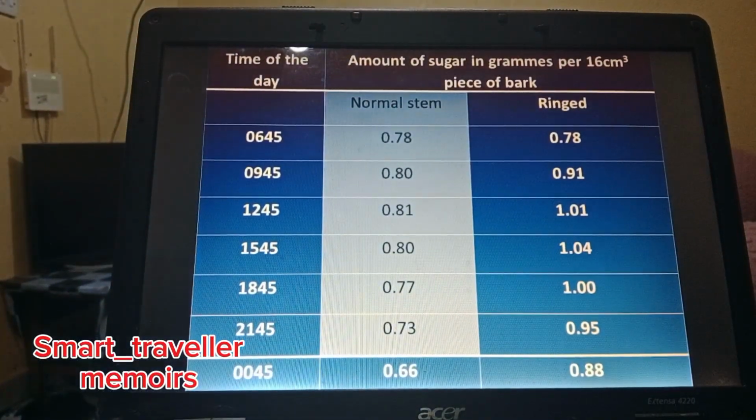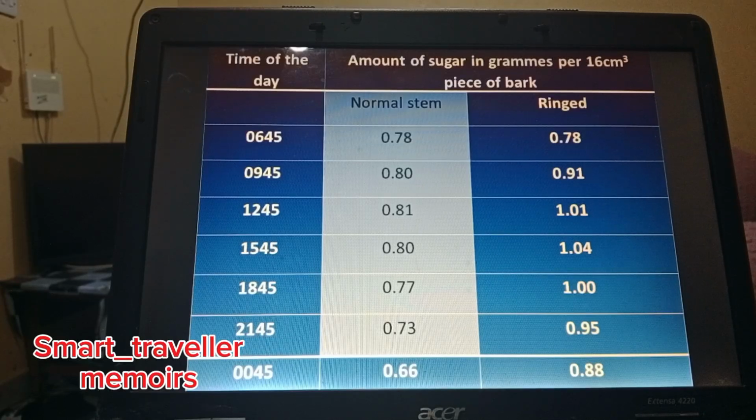So that is the table. Time of the day from 0645 to 0045. Amount of sugar in grams per 16 cubic centimeters of bark, normal stem and ringed.